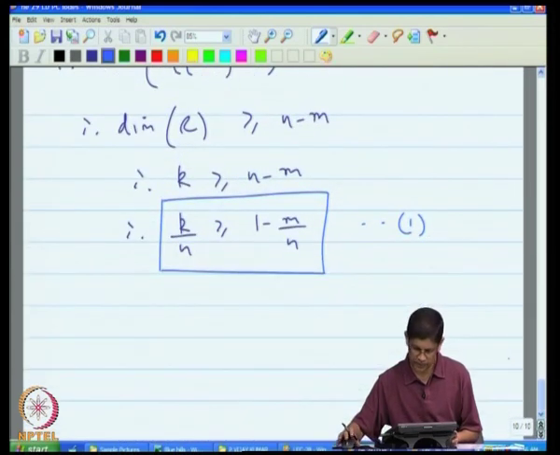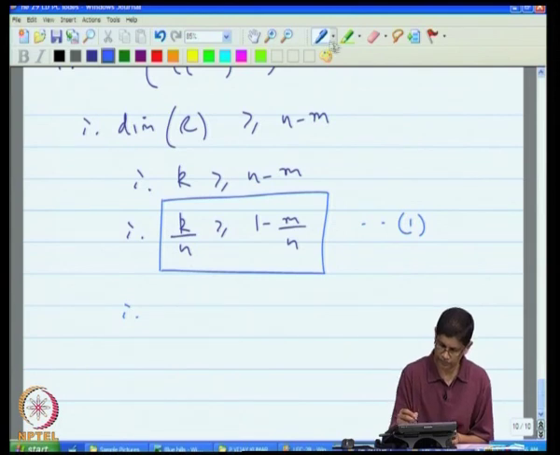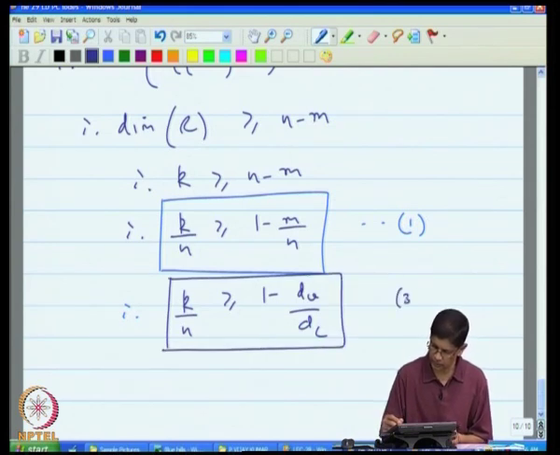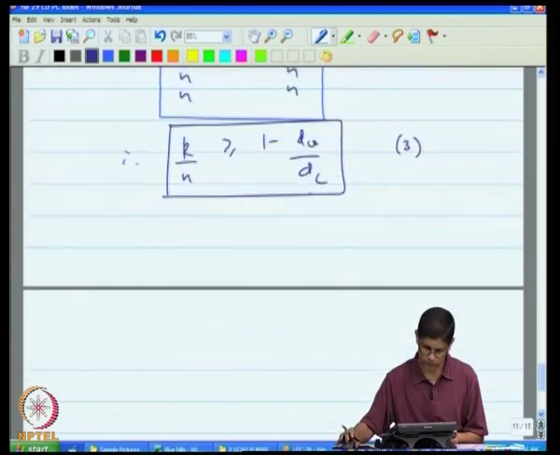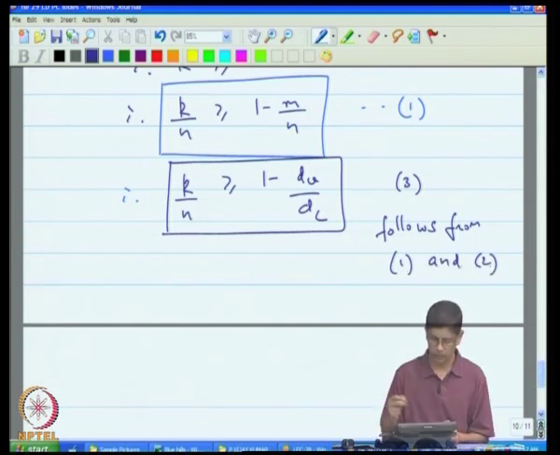So, going back over here, we can say that therefore, k by n is greater than or equal to 1 minus dv by dc. This is 3 and it comes from equation 2. Okay.